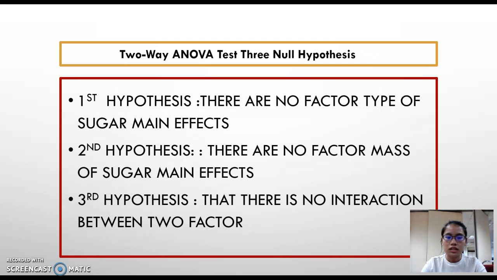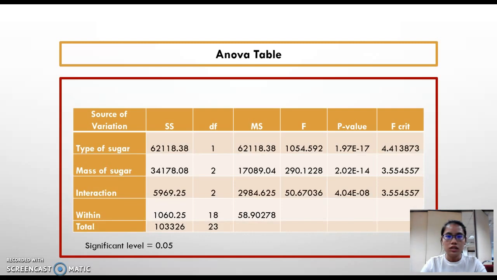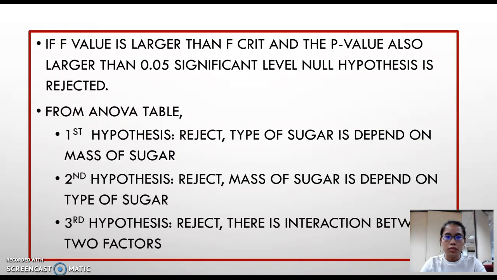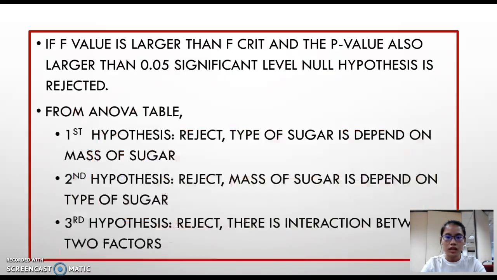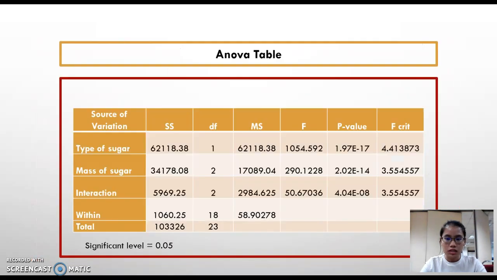And the third is that there is no interaction between the two factors. So this is the ANOVA table that we tabulated, and from the table, you can see the p-value. We compare it with the significance level that we fixed; when the p-value is smaller than 0.05, the null hypothesis is rejected.